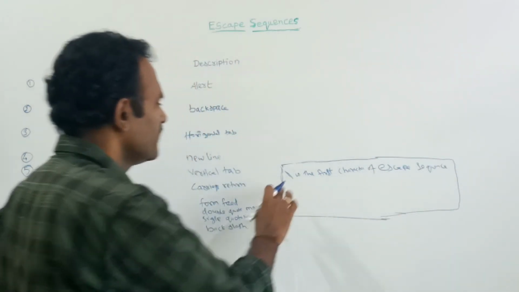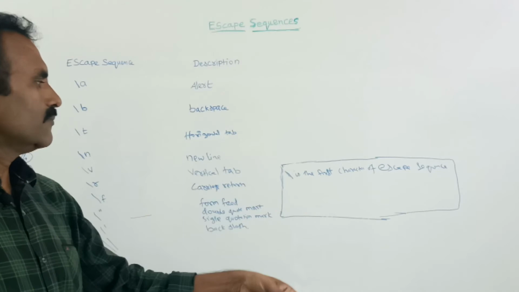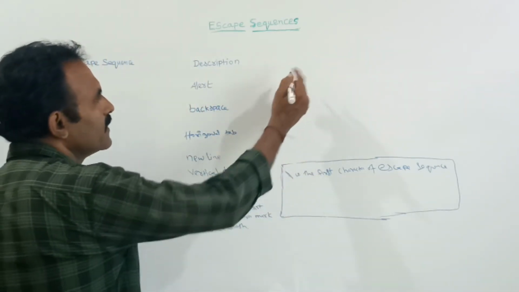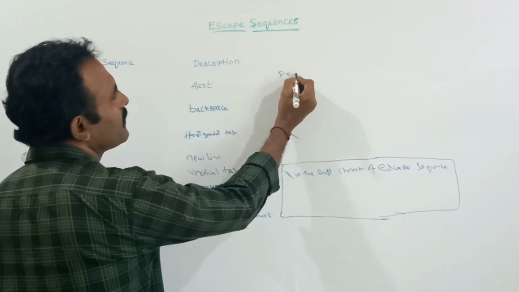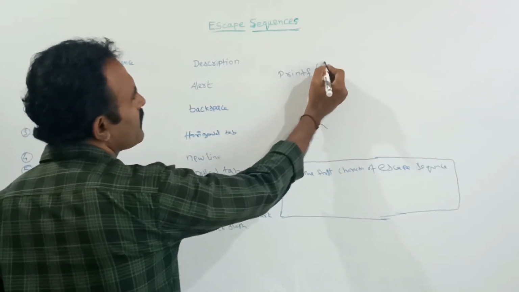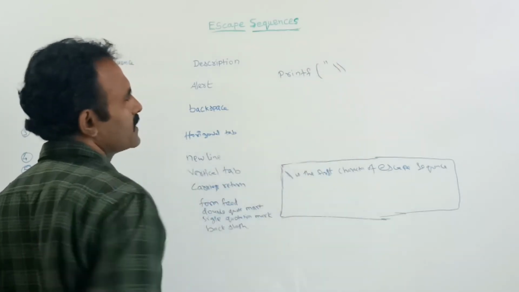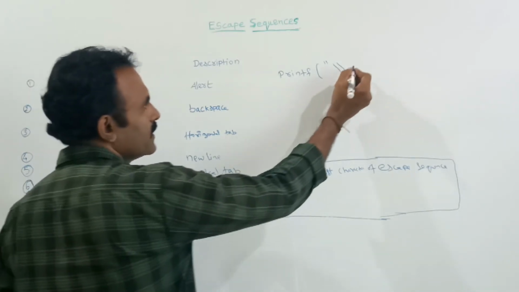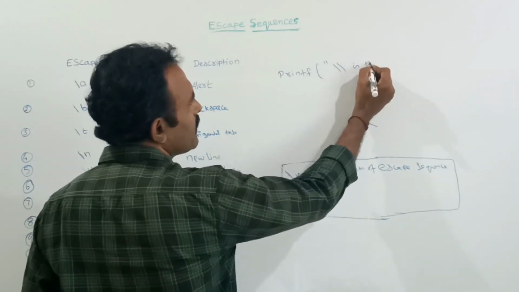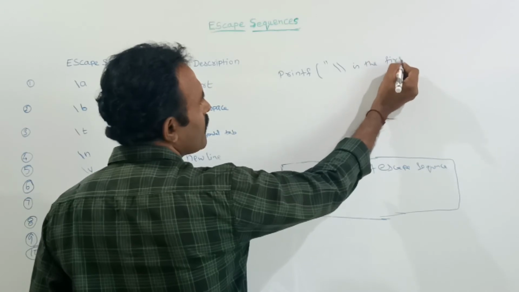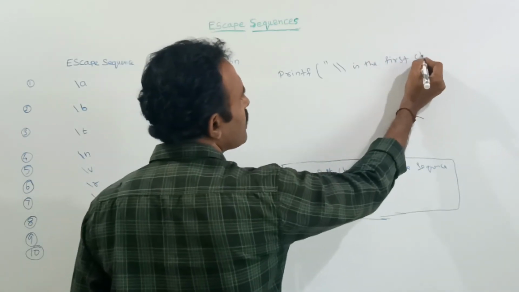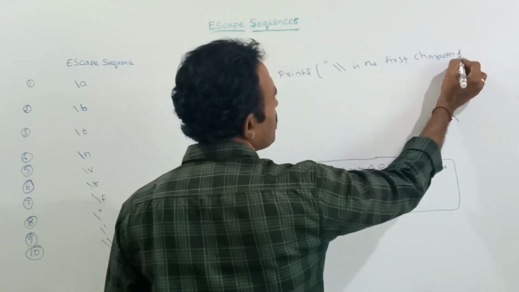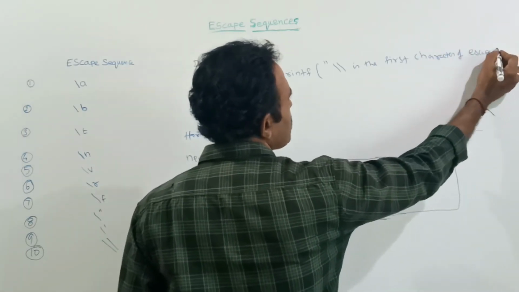If I need to print like this, in the printf function we can use the double slash. That means in this escape sequence, this backslash will be printed here: backslash is the first character of escape sequence.